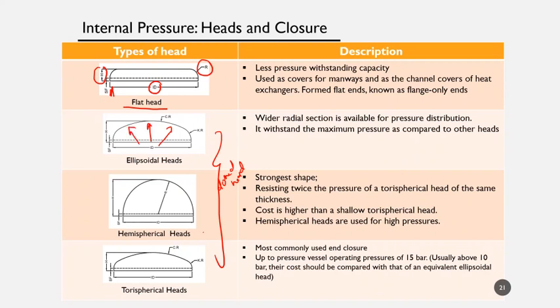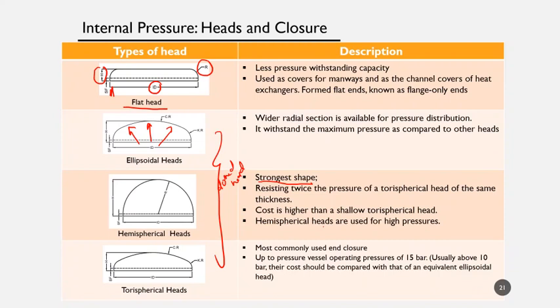Okay, for the hemispherical head, we have this design. It has the strongest shape compared to other types of head, and it resists twice the pressure of a torispherical head of the same thickness, but the cost is higher than a shallow torispherical head.